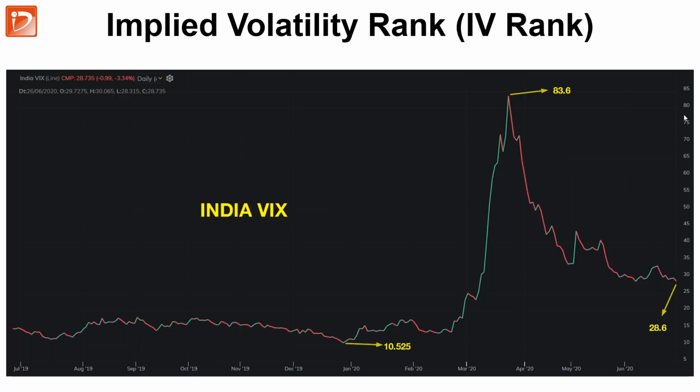If we take the range between low IV and high IV, divide it into 100 equal parts, and then put the current IV there, that will give you the IV rank. So it is calculating the current IV's rank in the range between low IV and high IV.